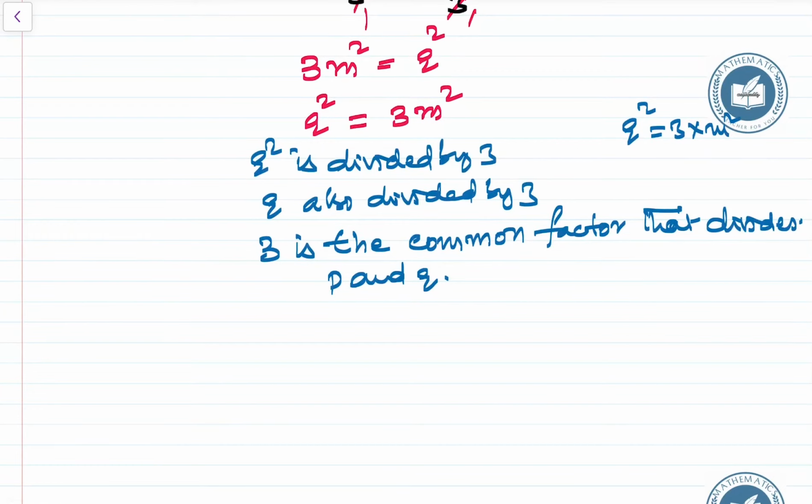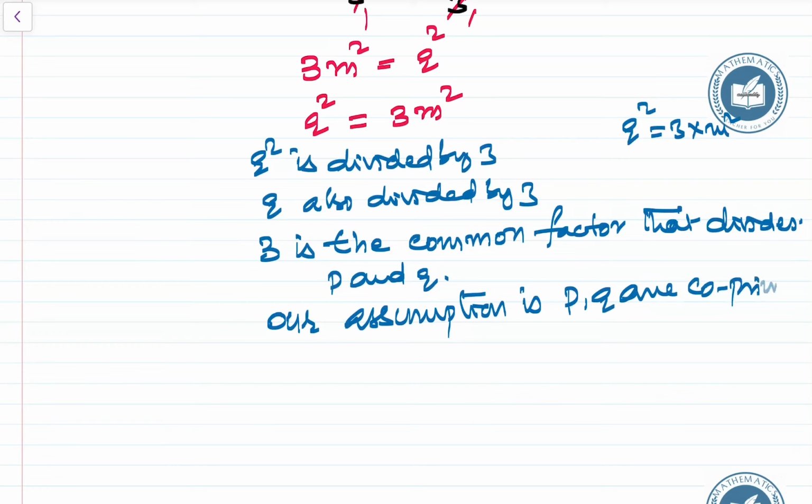But our assumption is that root 3 is rational and p, q are co-primes. This contradicts the fact. Here finally we came to p and q being divisible by 3, but our assumption is p and q are co-primes.